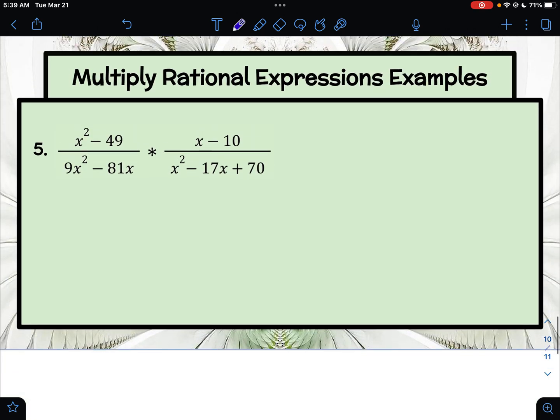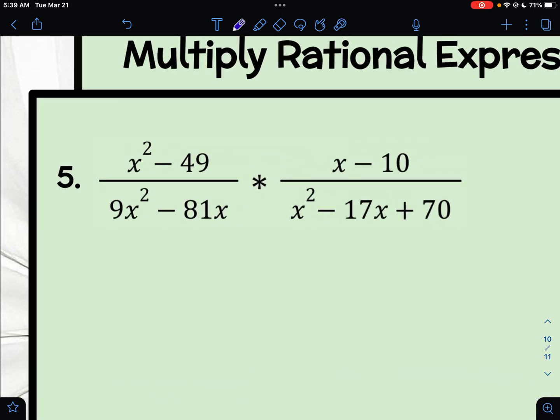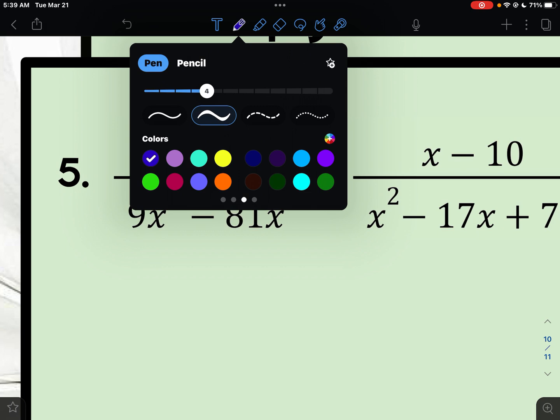Okay, one more example. Last one. This one's got all kinds of stuff going on. I see a binomial here, but the terms don't have anything in common. It's difference of perfect squares. I see it.